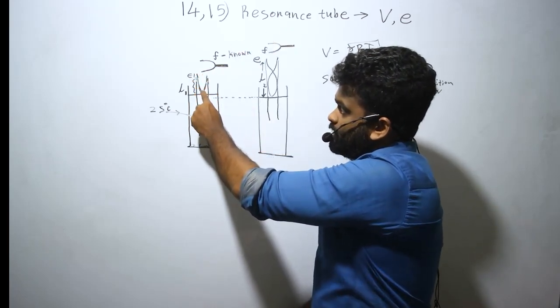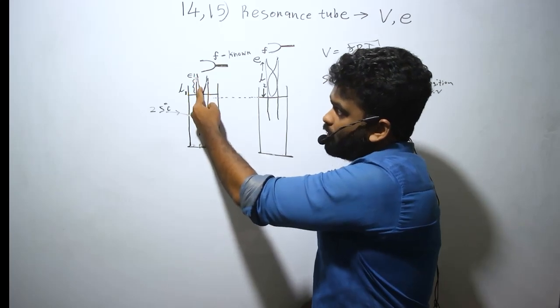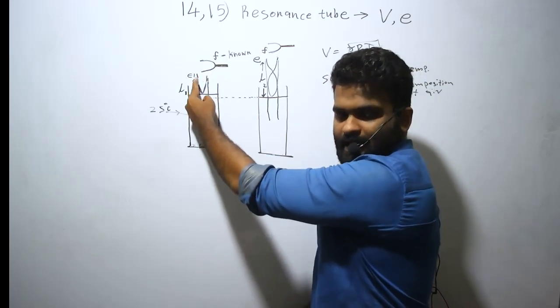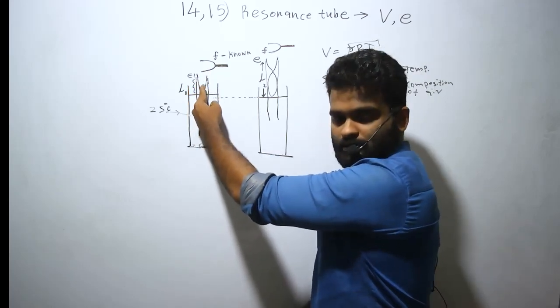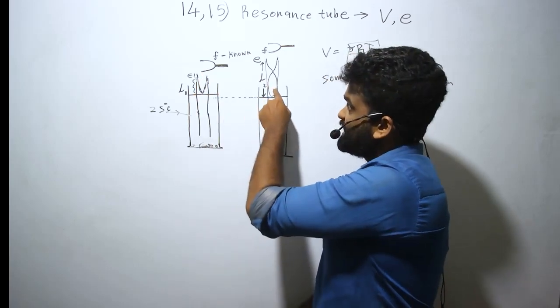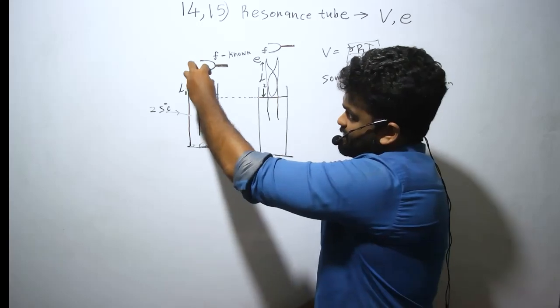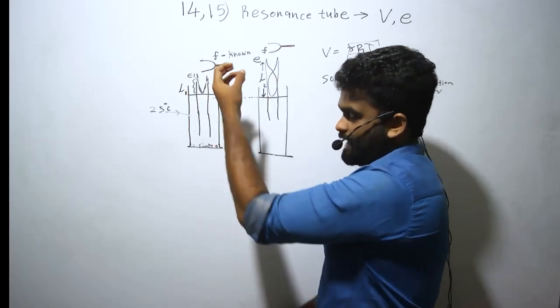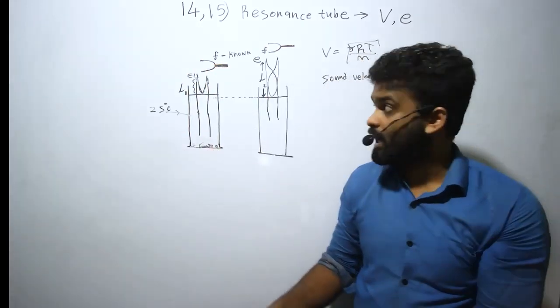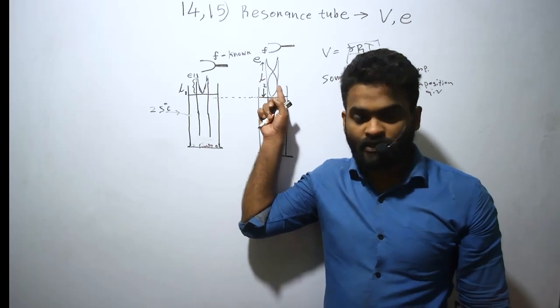Here, a small air column is vibrated. But here you have a large air column. So with the same energy, the air column to be vibrated is larger in the second case. So what happens?